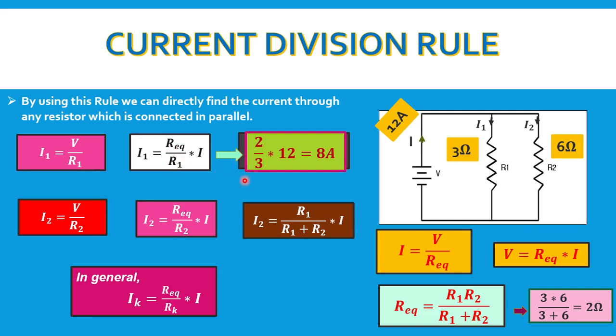So I1 is equal to 2, the value of R equivalent is 2, upon the value of resistance 1, which is 3, so 2 upon 3 into the value of I, which is 12. So 3 into 4 times 12, so 4 into 2 is equal to 8 ampere. So 8 ampere flows through resistor 1.